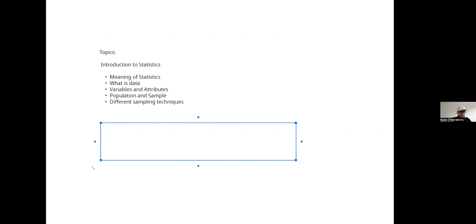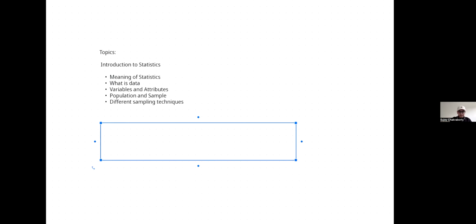and in the singular sense, it's basically the subject statistics, which is to imply the subject of scientific activity dealing with the theories and methods of collection, analysis, and interpretation of such data, right?